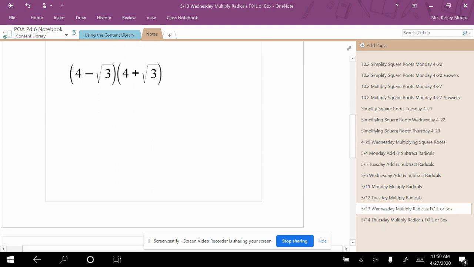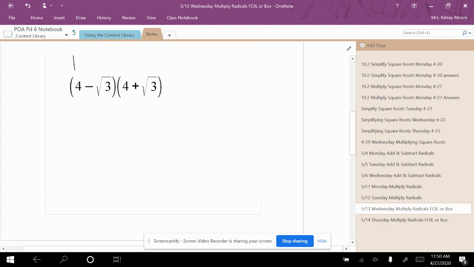Okay, this example, I'm going to use the box method. So remember, you're going to make a box. I'm going to try and draw this as best as I can. You'll have 4 and the negative square root of 3 and the 4 and the square root of 3.